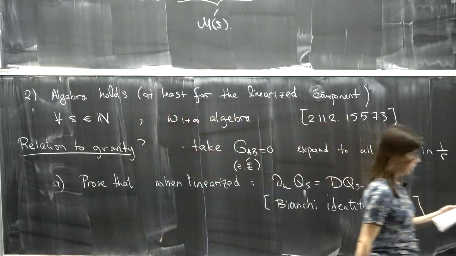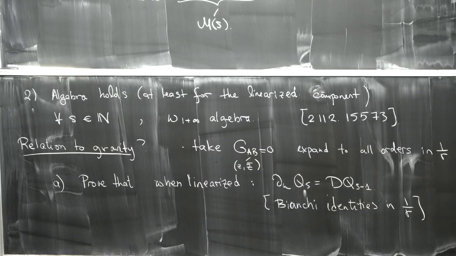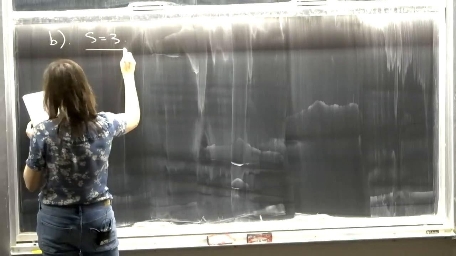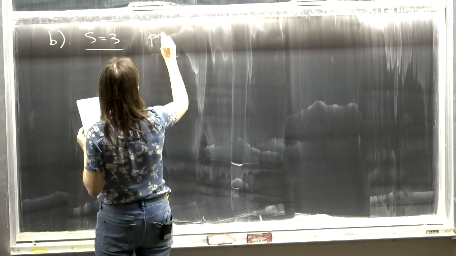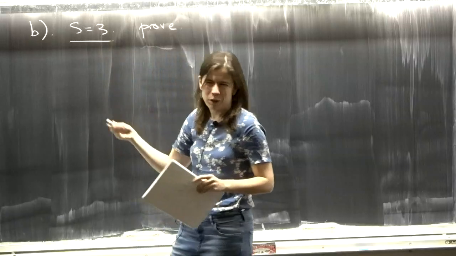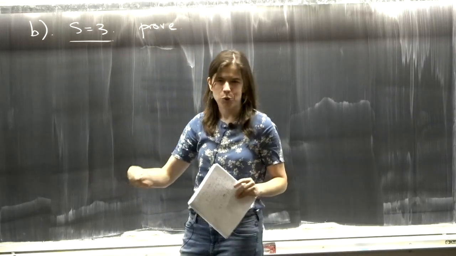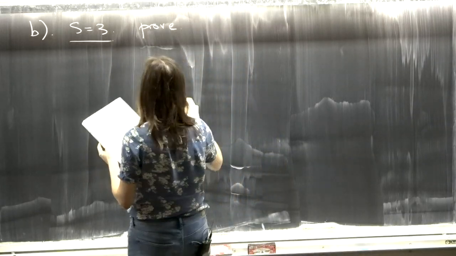This is the second thing I was going to say. I started with the thing that you can prove: that the linearization of that is an equation of motion in general relativity. That's a fact. Now, the second thing that you can show is that for s equal to 3, you can just do it explicitly. You just need to go to one subleading order in a 1 over R expansion.